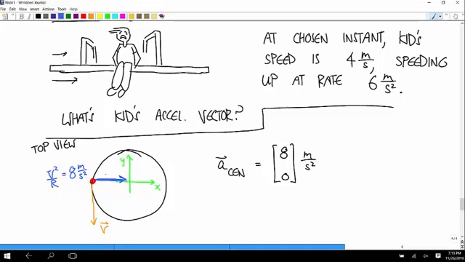It has to match the velocity direction. And we're given the magnitude, speeding up at a rate of 6 meters per second squared. That's in our negative y direction. So the tangential acceleration is 0, negative 6.